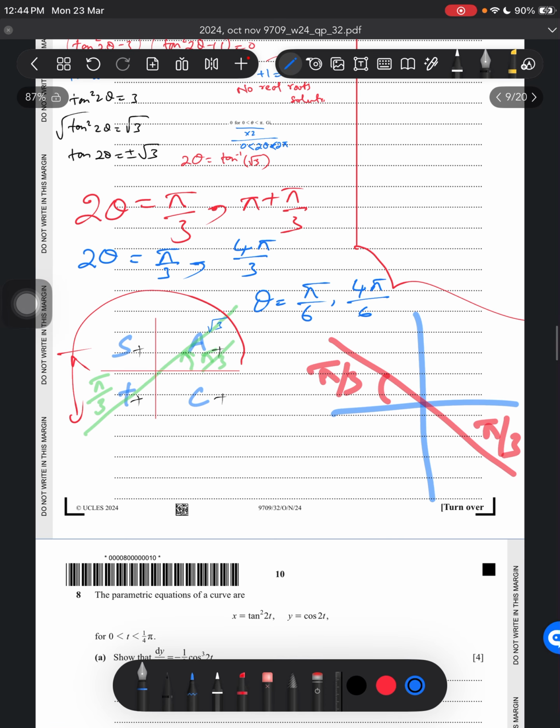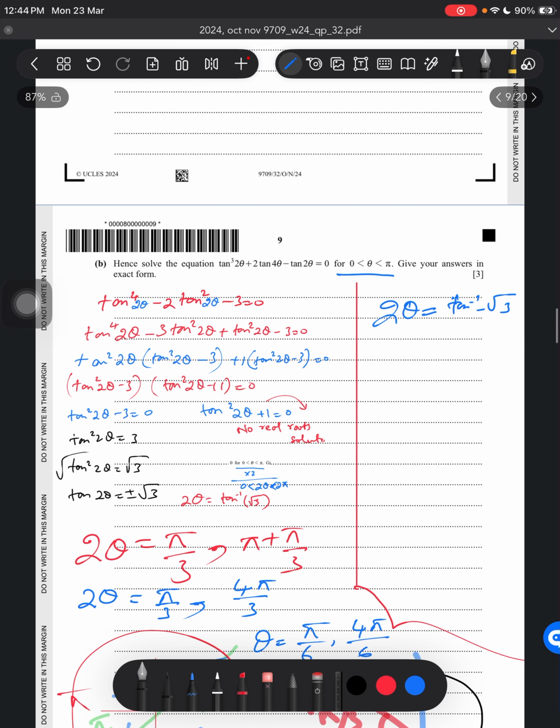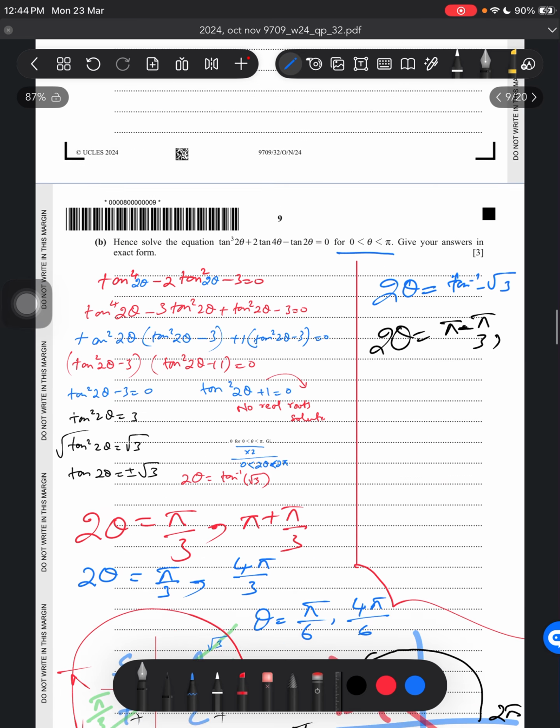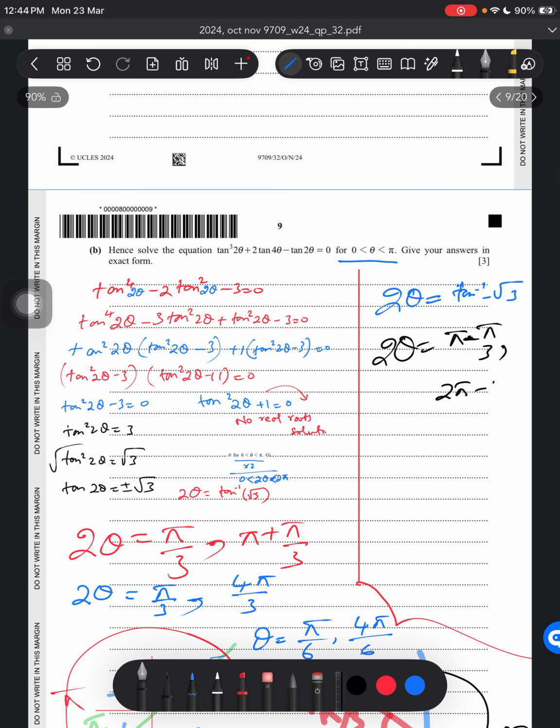So from here we can move from here to here, so we say pi minus pi by 3. The first value is pi minus pi by 3, and the other value is on this side. So this would be 2 pi when it comes over here. So the other value would be 2 pi minus pi by 3.